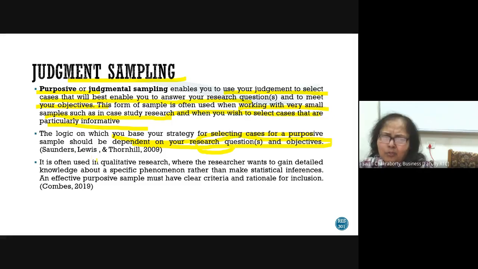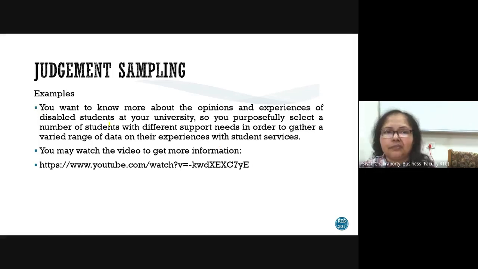It's quite often used in qualitative research where the researcher wants to gain detailed knowledge about a specific phenomenon rather than statistical inferences. Any effective purposive sample must have clear criteria and rationale for inclusion. So you use your own judgment to select those cases which will answer your questions and your objectives.